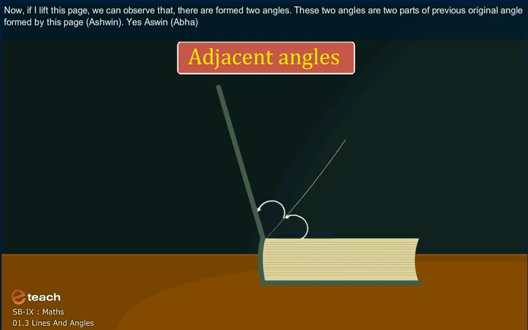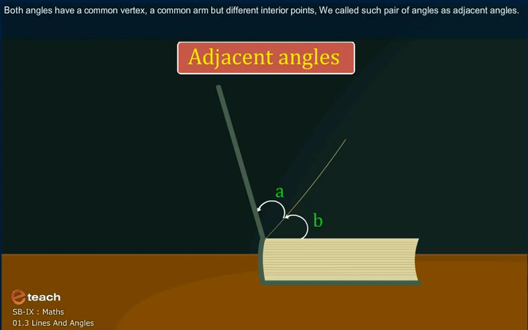These two angles are two parts of the previous original angle formed by this page, says Ashwin. Yes Ashwin, you are right, says Abha. Both angles have a common vertex, a common arm, but different interior points. We call such a pair of angles adjacent angles.